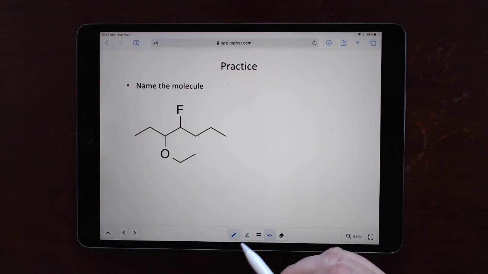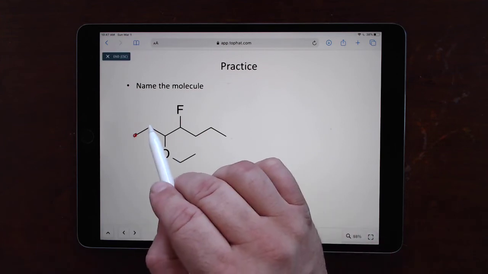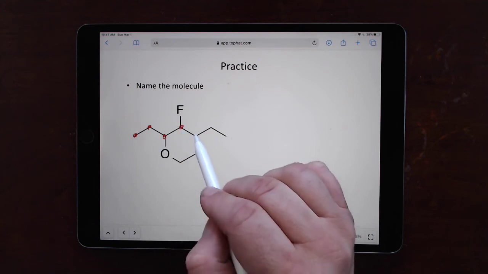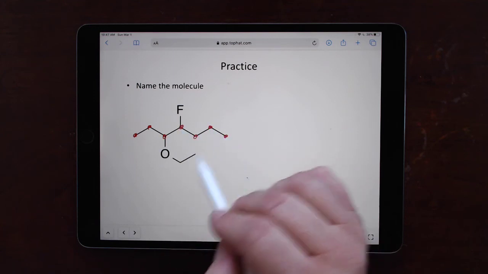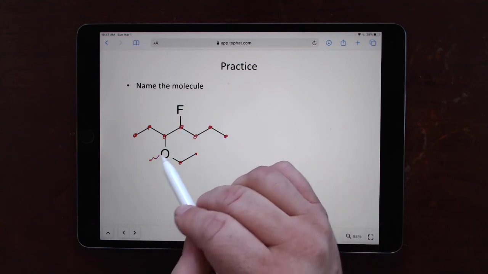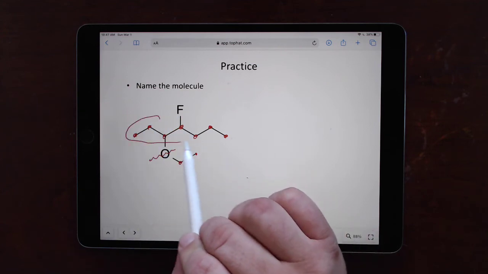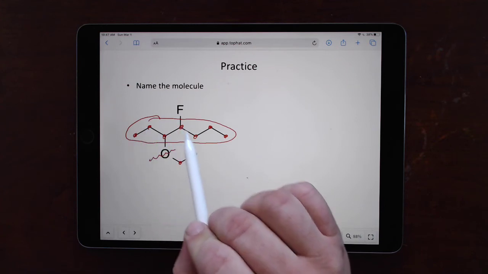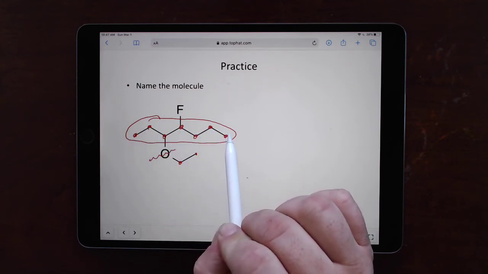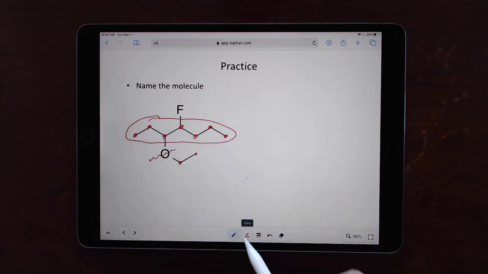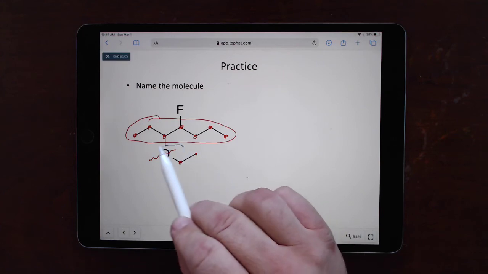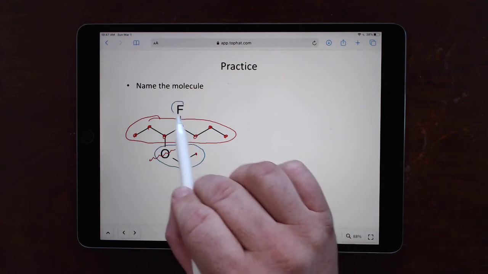So we have this one. We have the carbons here. We split this, right? We have a 1, 2, 3, 4, 5, 6, 7 carbon side on here, and we only have a 2 carbon side on this side. So that makes this a side chain, along with the fluoro.